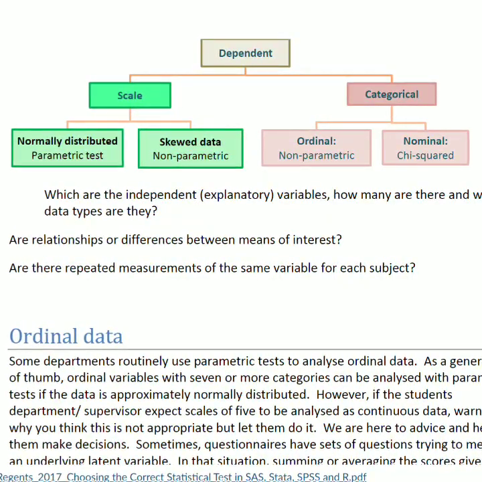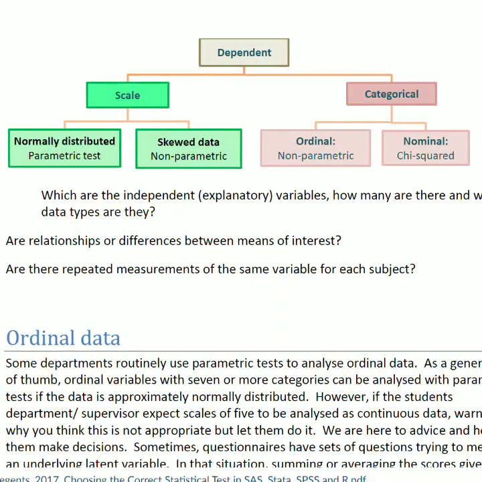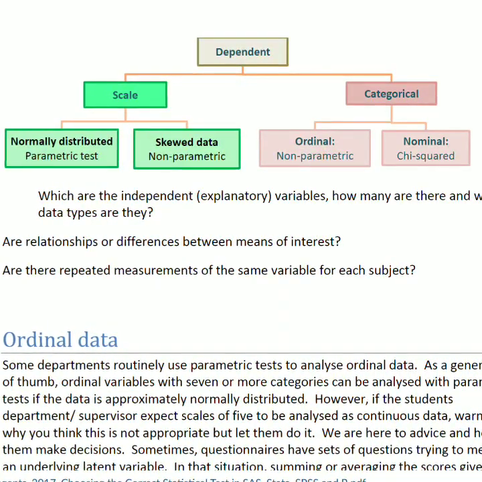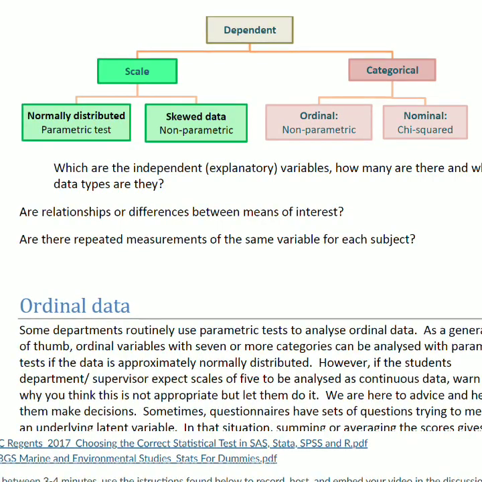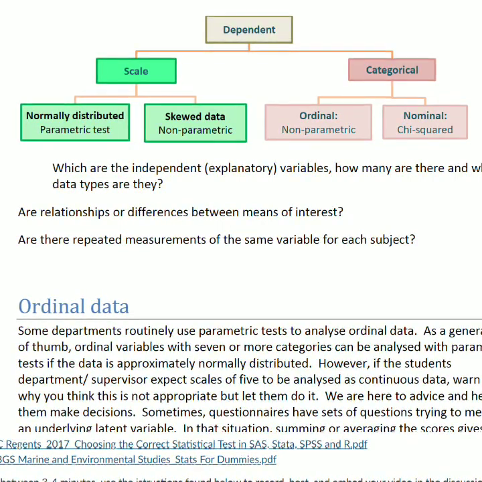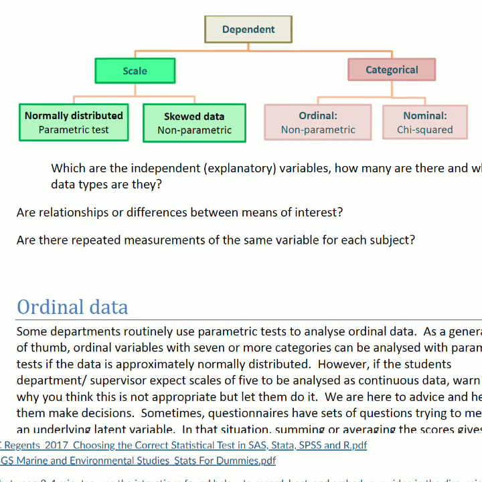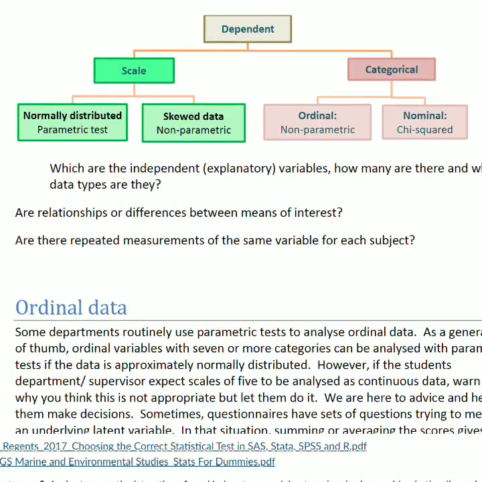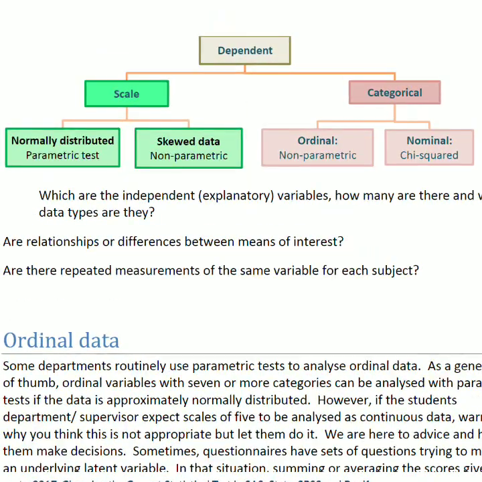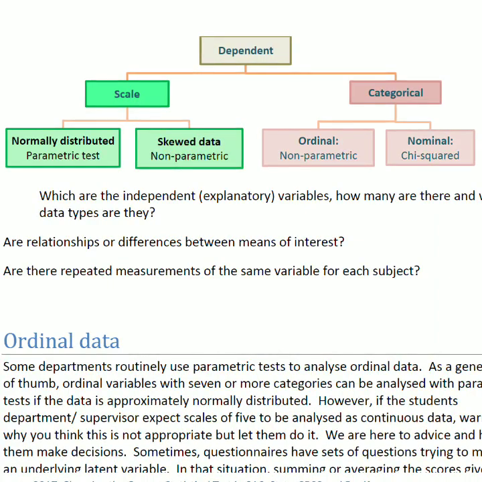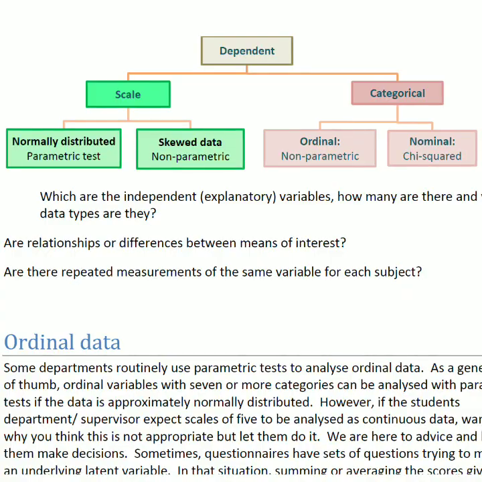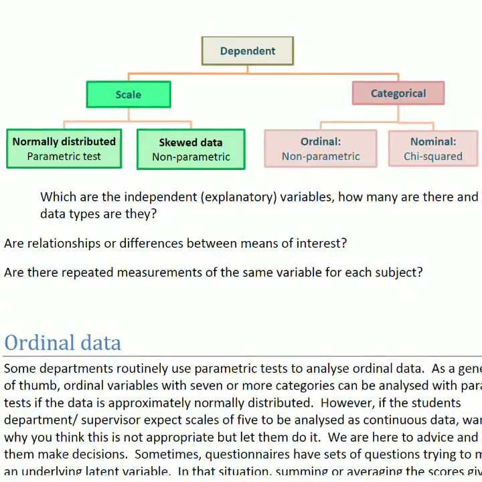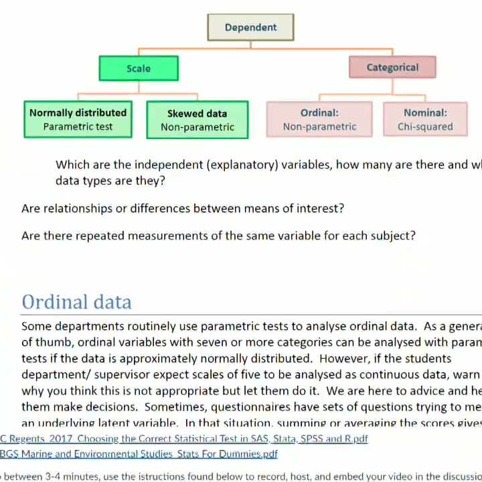Next, you'll need to determine the types of tests that you will use to help answer your research question. You'll need to determine if your dependent and independent variables fall under scale or categorical. Under scale, you'll need to determine if the variables are normally distributed or of skewed data, and under categorical, if it's ordinal or nominal.